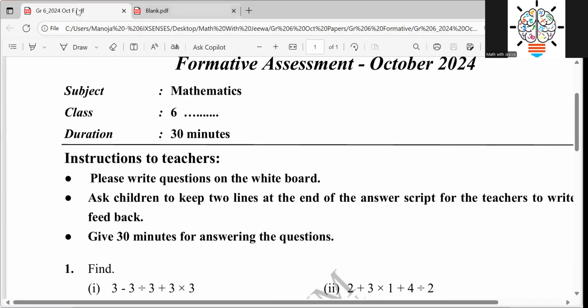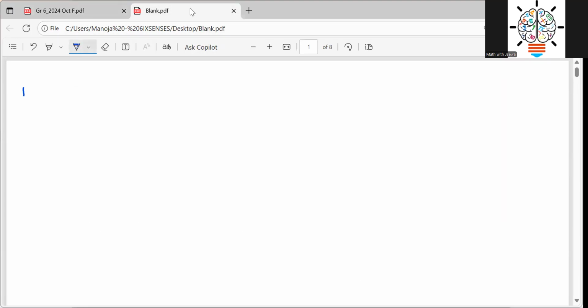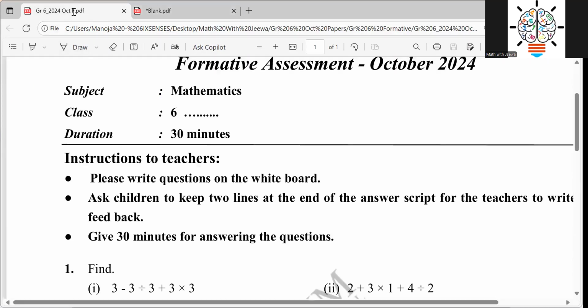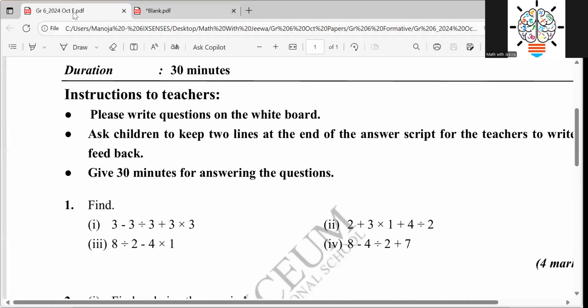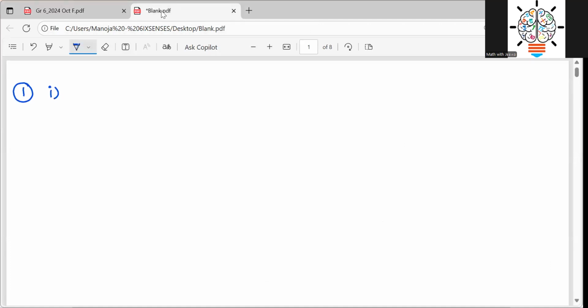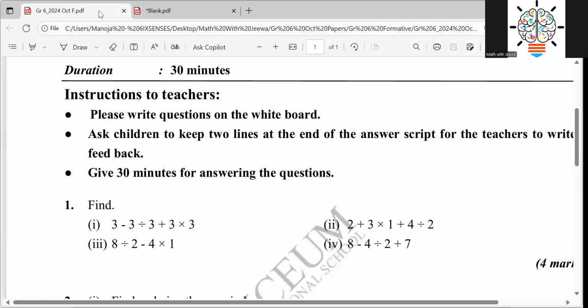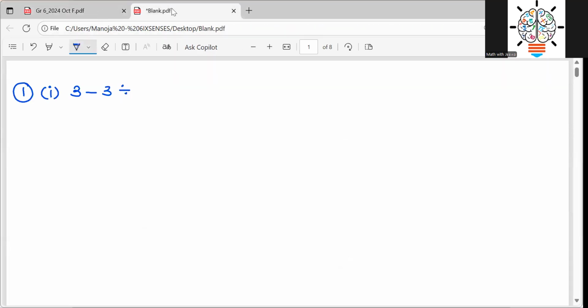And then question number 1, Roman number 1, we have 3 minus 3 divided by 3 plus 3 multiplied by 3. Now you just see that we have the same number, but different math operations. According to BODMAS, the priority order, we want to prioritize the division here.